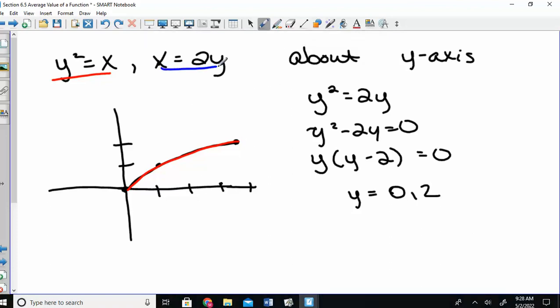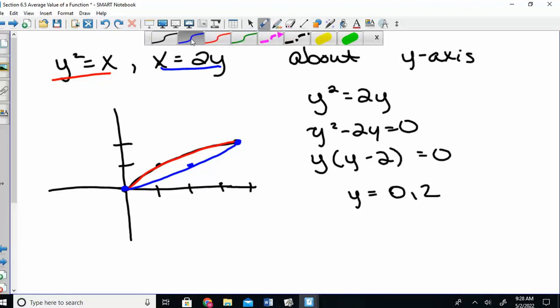Okay, x equals 2y, so if you put in a 0 for your y, you get 0. If you put in a 2 for your y, you get 4. If you put in a 1 for your y, 1 times 2 is 2. So we are rotating that around the y-axis, I said.